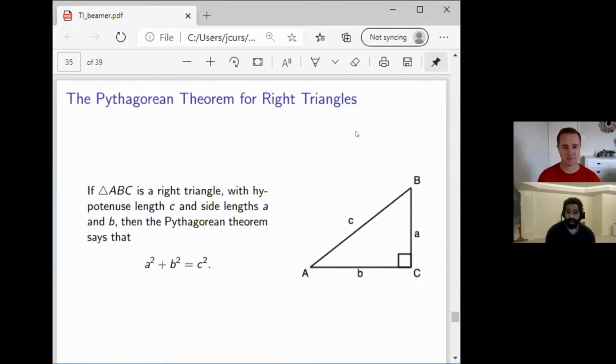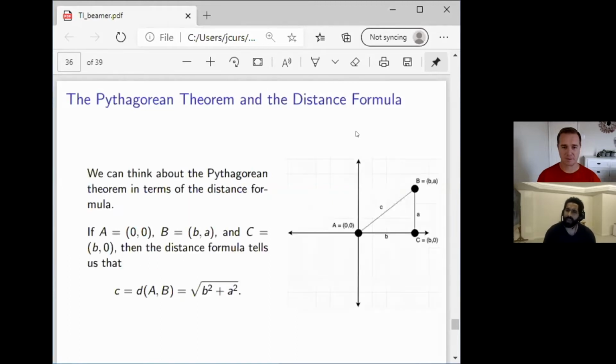We touched on this in the first session, but I want to formally talk about how these two things are saying the same thing, how we can think about the Pythagorean theorem in terms of the distance formula, and the distance formula in terms of the Pythagorean theorem.